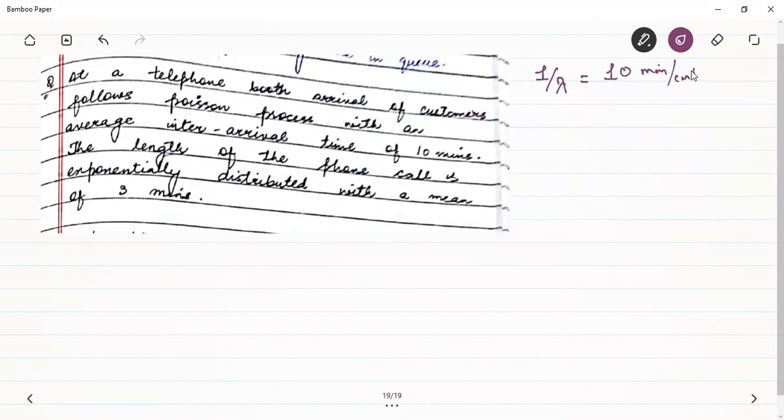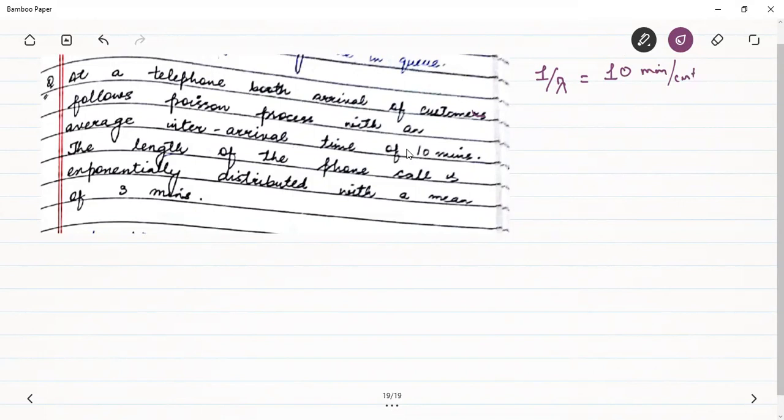Fine. Again, look at the question. At a telephone booth, arrival of the customers follows Poisson process. Okay, मैंने कहा है Poisson process होता है, मतलब जो arrival pattern होता है that is Poisson. Okay, arrival is Poisson, but inter-arrival is what? Inter-arrival is exponential, with an average inter-arrival time. Okay, inter-arrival का जो time है that is 10 minutes. Okay, average inter-arrival time is 10 minutes.